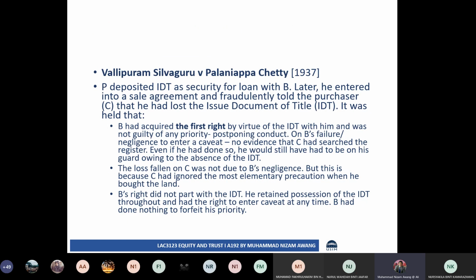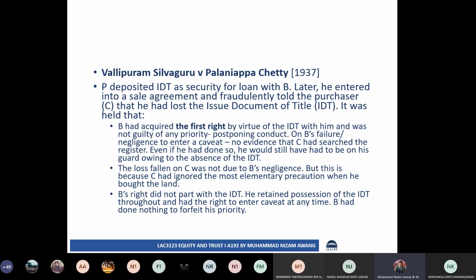In the case of Valipuram and Palnia Pacheti, the plaintiff deposited the issue document of title as security for a loan with B. The plaintiff later entered into an SPA, sale and purchase agreement, but he fraudulently told the purchaser C that he had lost the IDT. The court held that in this case, B got the priority.